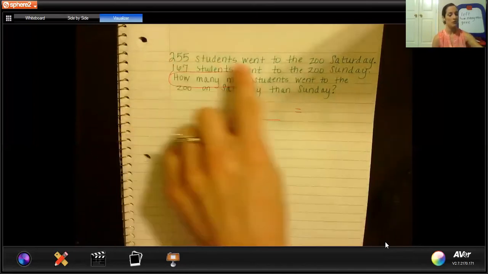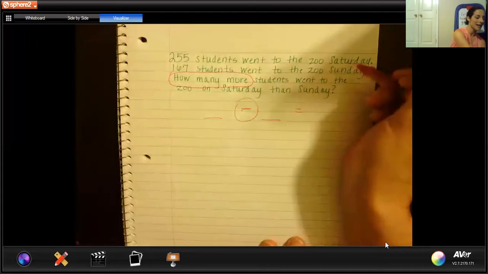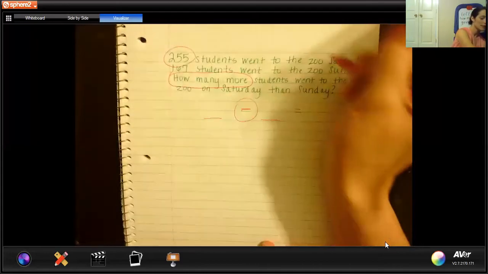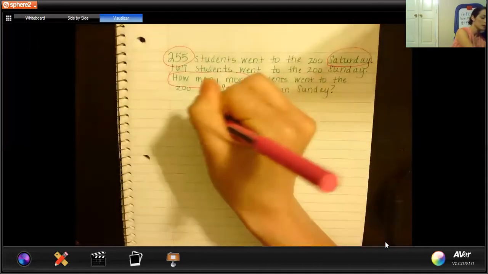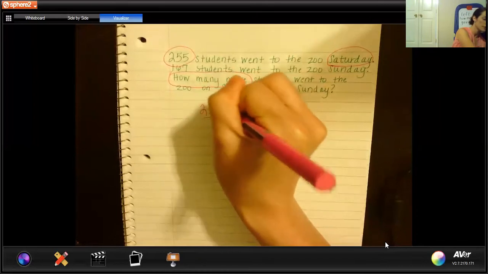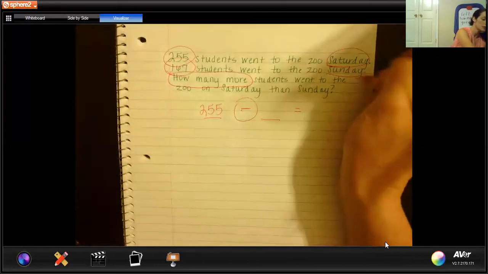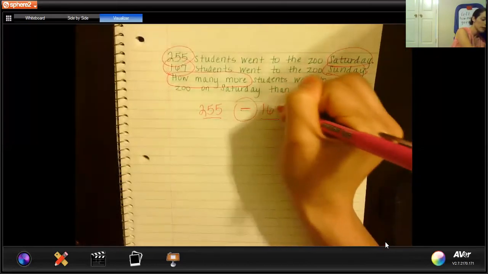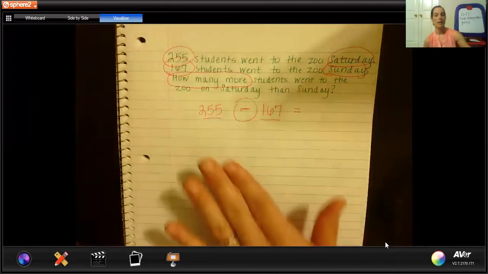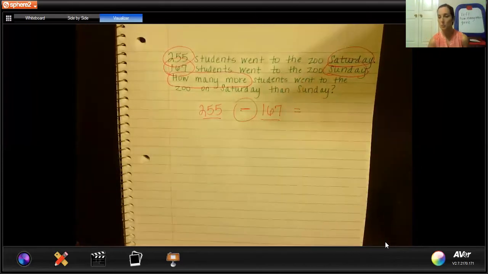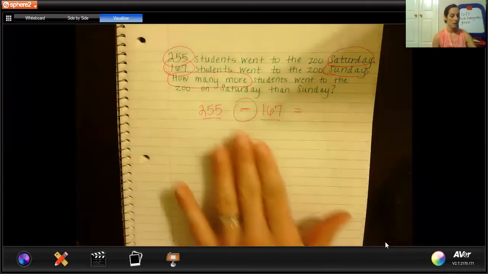So 255 went to the zoo on Saturday. And we're going to subtract 167. And now we have our number sentence. This is our plan.